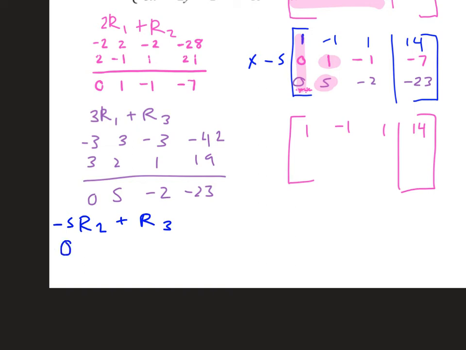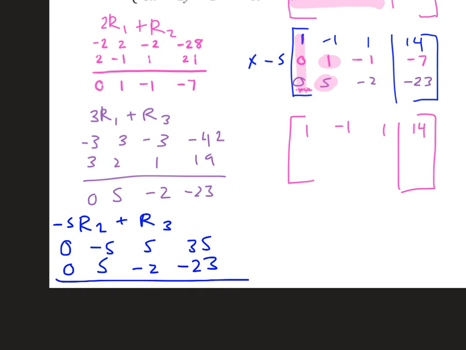What would be next? -5. Next? 5. And then? -5 times -7? 35. And I'm adding that to row 3, which is 0, 5, -2, and -23.